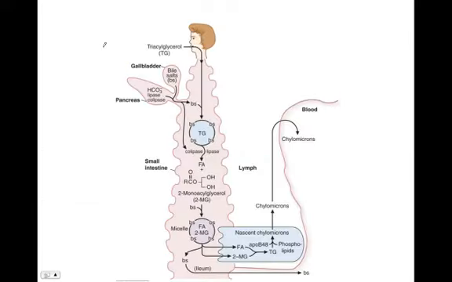So an important process as the dietary fats leave the stomach and enter the small intestine is the addition of bile salts. Bile salts are amphipathic compounds synthesized by the liver, and they're synthesized from cholesterol.